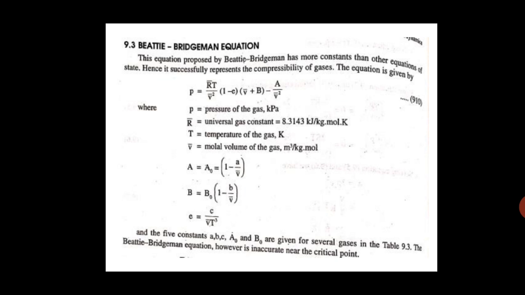And the five constants, small a, small b, small c, and capital A naught and B naught, are given for the various gases in the table. One thing you have to remember is that this Beattie-Bridgman equation is not accurate near the critical point.